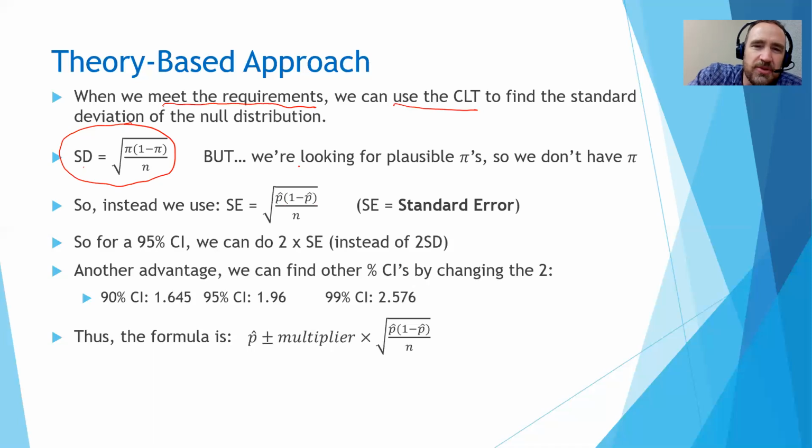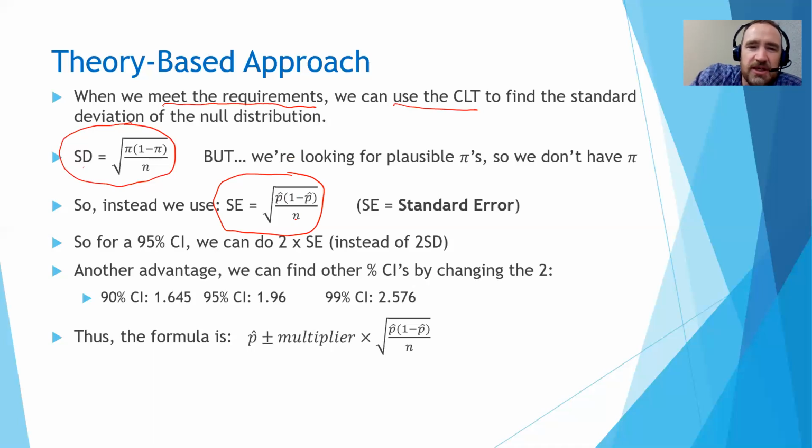So we plug that in, but technically we're not finding SD anymore. We're finding what's called the standard error, but it functions the same way. It's an estimate of the standard deviation of the null distribution. And it uses p hat instead of pi, and we already have p hat, and we know n, our sample size, and we can use that.